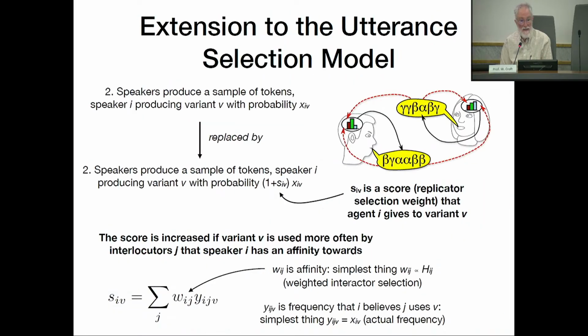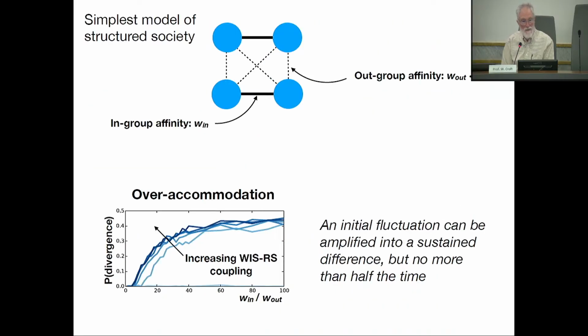Adding that replicator selection was an extension to the original model. I showed it in a slide before with it already plugged in. This slide shows the equation they used to get a simple way to get the weighted interactor selection value to rub off onto the replicator selection.